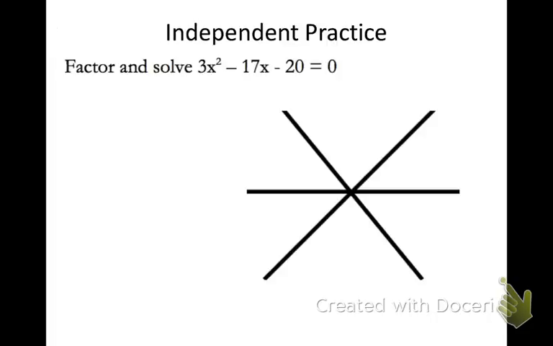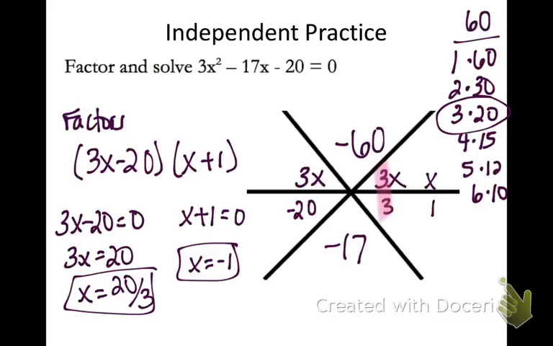Okay, pause your video, try this one on your own, and then restart the video to see how I did it. Okay, so setting up my star, I got negative 60 for a times c because I took 3 times negative 20. For b, I got negative 17, and I put my 3x on the top left and right.